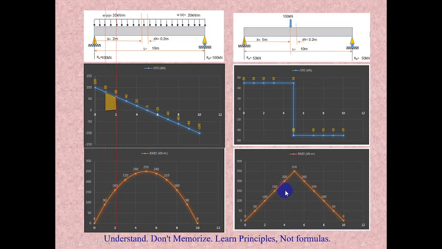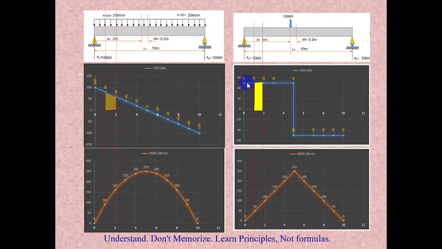Now if you see the difference here again, in the 1 meter to 2 meter interval, 50 and 100, the difference is 50. Here, 1 meter into 50 is 50, so the difference in moment exactly matches the shear force between the two sections. In the same way here, there is no difference in shear, so there is no loading between these two sections. Here the slope of the moment diagram is constant, so the shear force is uniform.